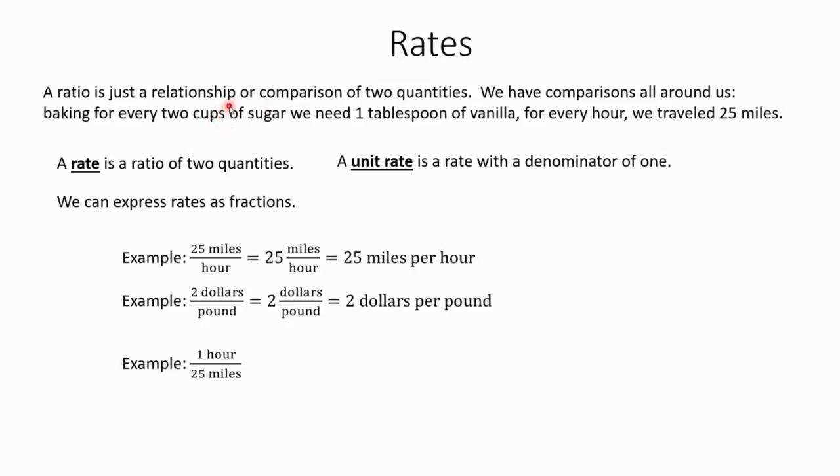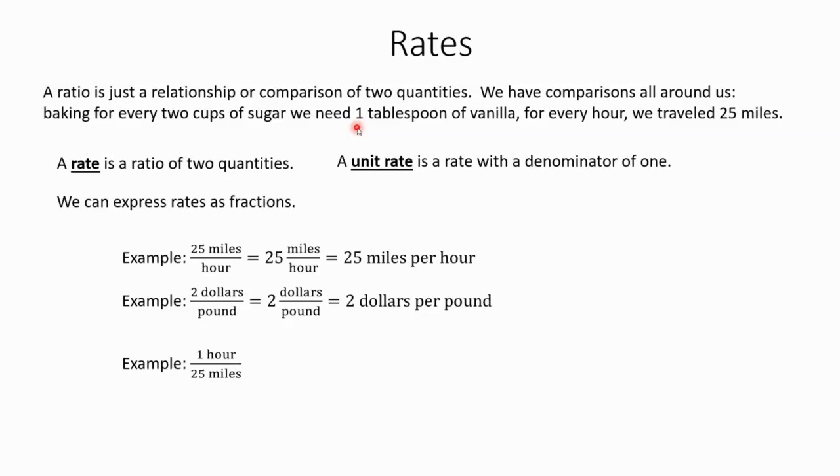The speed limit might be 20 miles per hour. What does that mean to drive 20 miles per hour? It means that if you drive at that speed for 1 hour, you would have driven 20 miles. Or like when you're baking something, they might say for every 2 cups of sugar, add a tablespoon of vanilla.